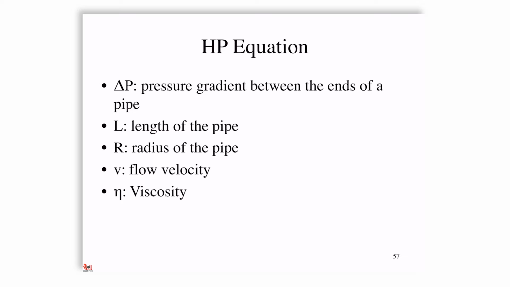In fact, it turns out that given the flow velocities of blood in blood vessels, the viscosity that it appears to suggest may be higher than the viscosity of serum.